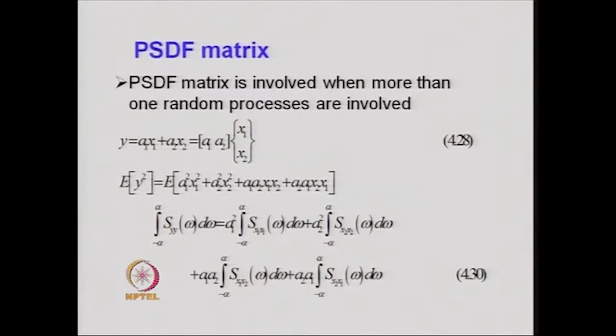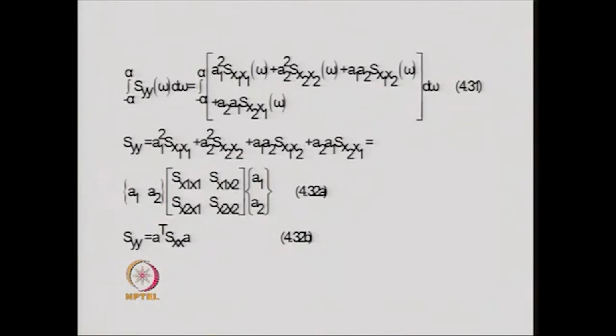Therefore, if the cross power spectral density function Sx1x2 is known, then one can find the cross power spectral density function Sx2x1 by simply taking the complex conjugate of Sx1x2. Now, on the right hand side, we can take the integration from minus infinity to plus infinity outside, and write down the entire thing within the integration, that is equation 4.31.